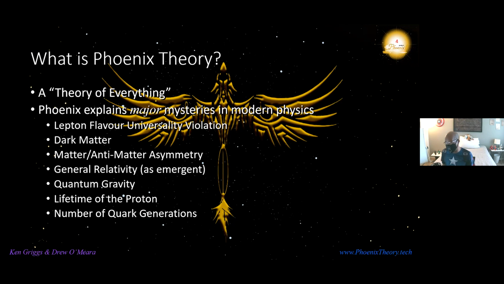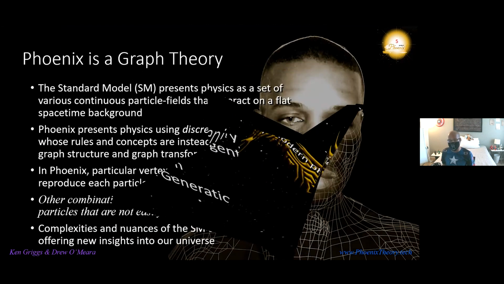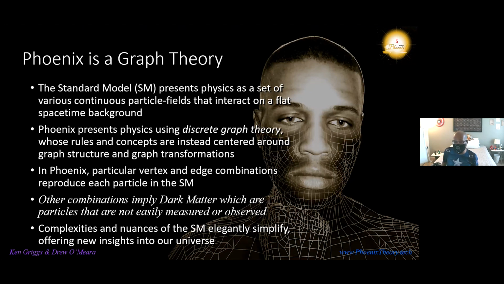You might be aware that there are 3 quark generations, but we'll be able to assemble that from what we talk about today. So the Standard Model presents physics as a set of continuous particle fields that interact on a flat space-time background. Phoenix presents physics basically using graph theory.